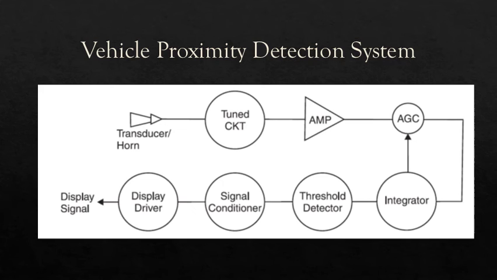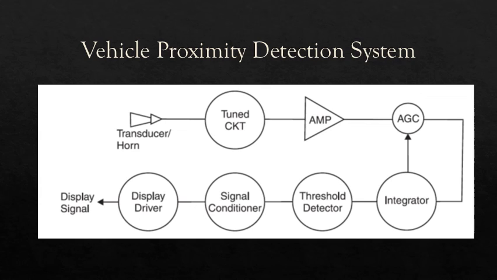An automatic gain control (AGC) circuit with a 20 decibel dynamic range serves to suppress ambient highway noises, while a signal integrator and threshold detector together ensure a response only to target vehicles, rejecting shock and similar pulse-like signals. The signal is cleaned up and fed to a solid state lamp driver. The output is a 10 volt, 100 milliamp DC signal capable of energizing a panel lamp on the vehicle's dash.